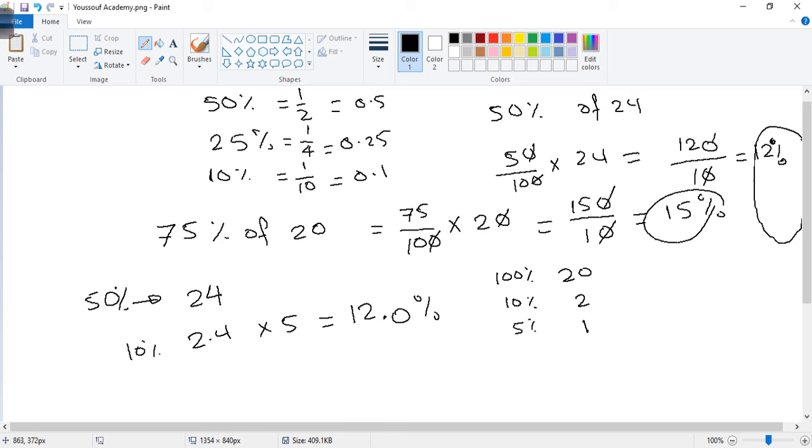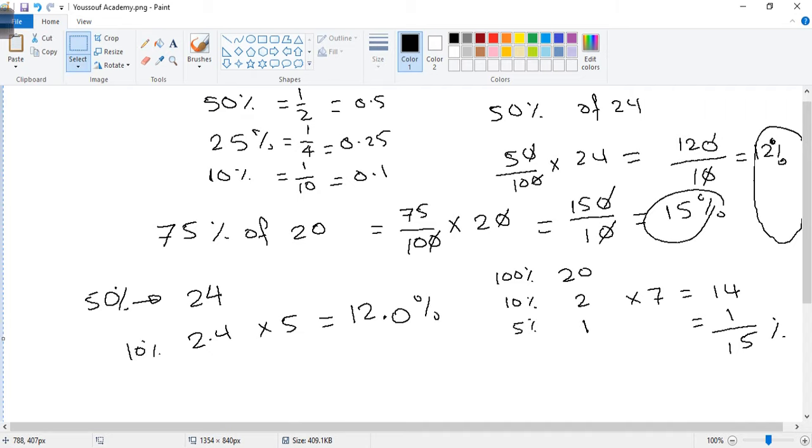Now, 2 times 7 gives us 14, that is 70%. And 5% is 1. The answer is 15, the same answer as here. So that is the way we can work out percentage without a calculator.